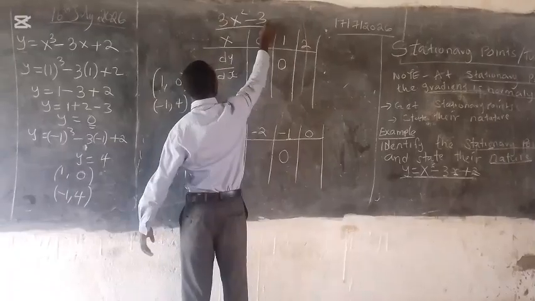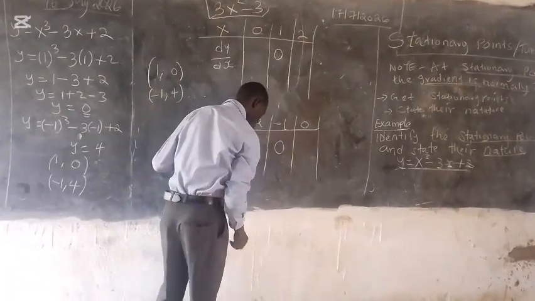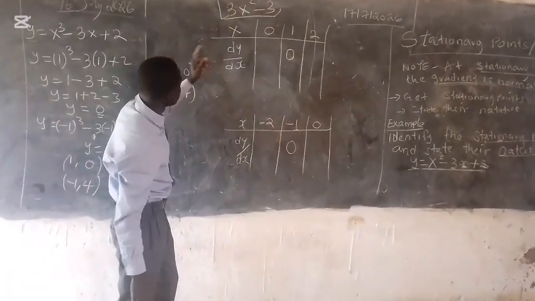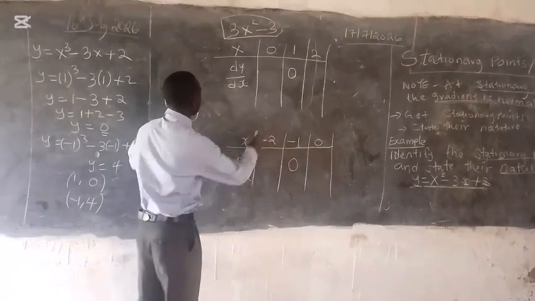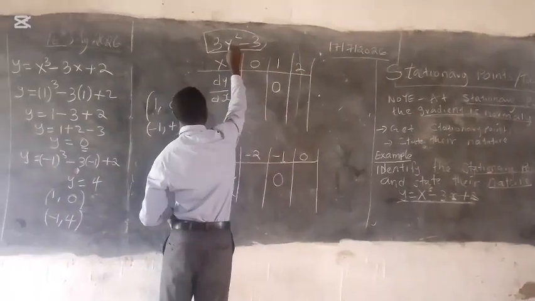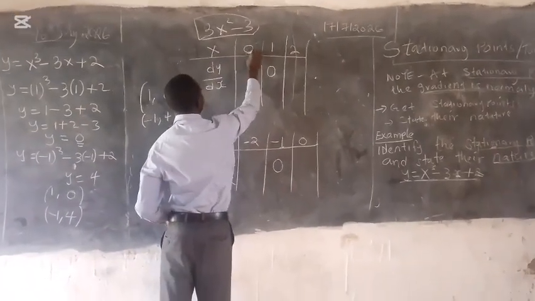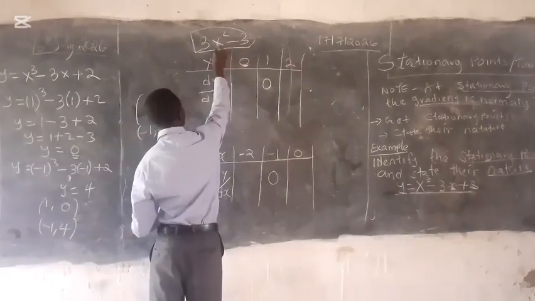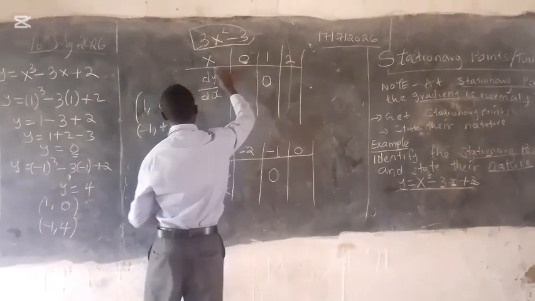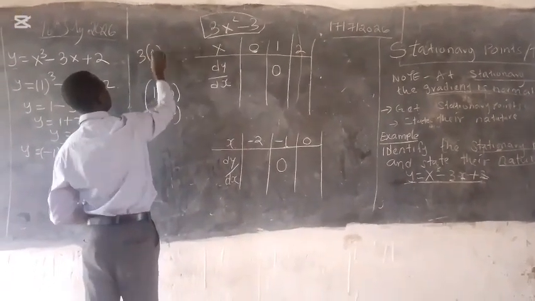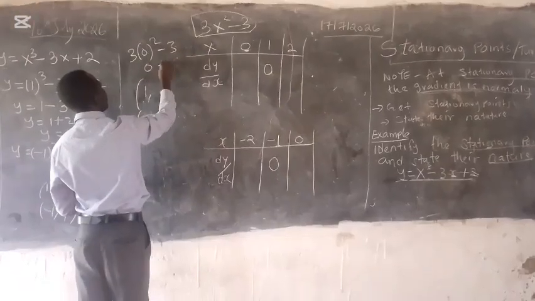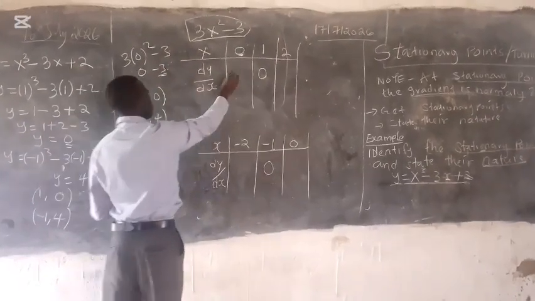We use that one to fill our table. So when we fill our table, we replace the value of x with 0 for this case. It will be 3 into 0 squared minus 3. So 0 minus 3 will give us negative 3.